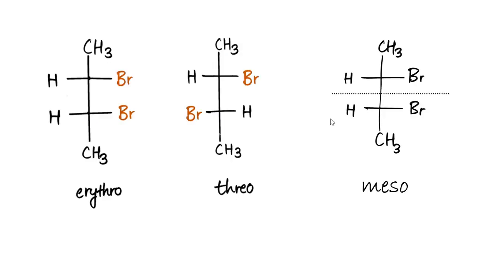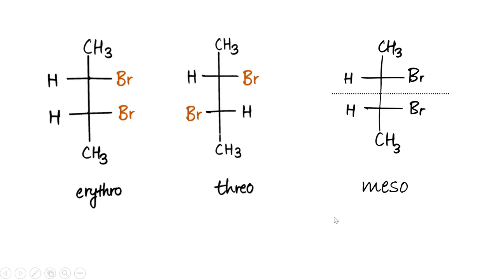See, when a molecule has a symmetrical structure, when a plane of symmetry passes through that molecule, that plane will equally divide the molecule into two halves, then it is called a meso structure. As both bromine groups are present on the same side, CH3 will overlap, hydrogen will overlap on each other. So this compound is called a meso structure.